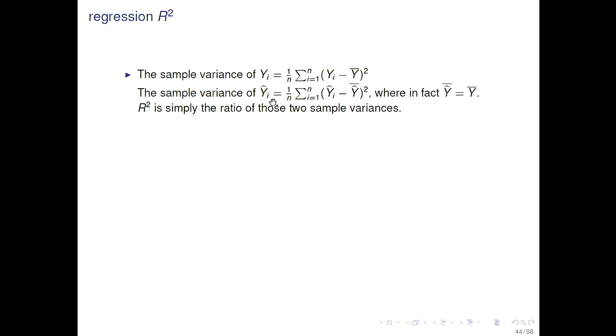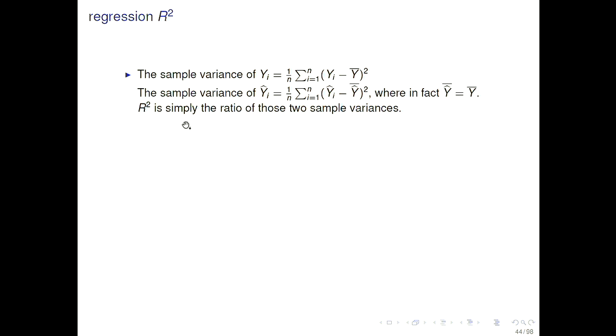Because the regression line goes through the sample mean point, it turns out that the sample mean of the predicted value is exactly the same as the sample mean of y. So sometimes we can use y bar instead of y hat bar because they are the same. Numerically, we can prove this result.